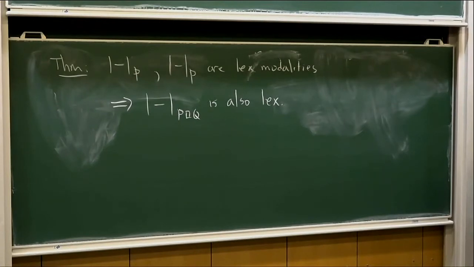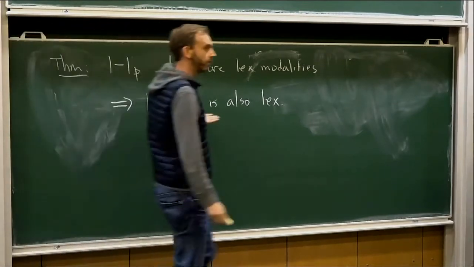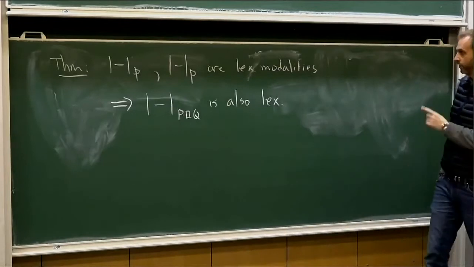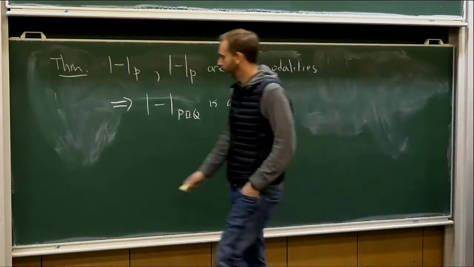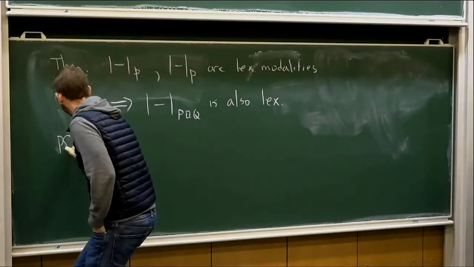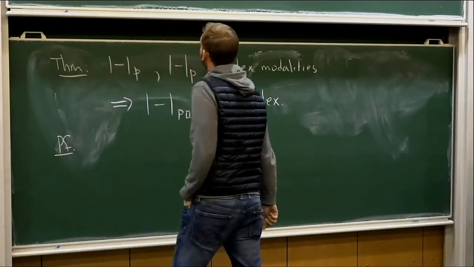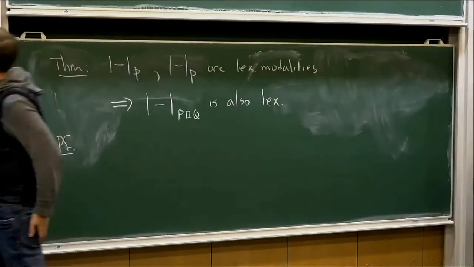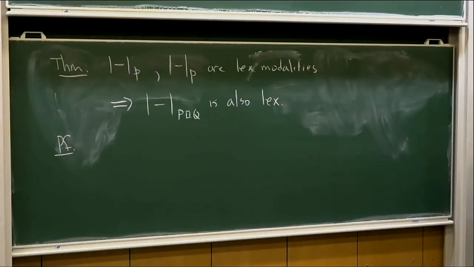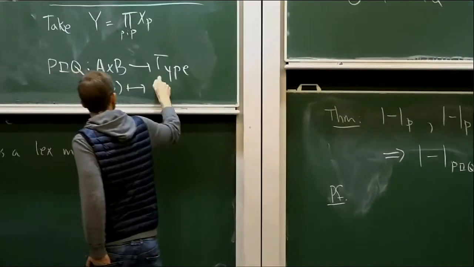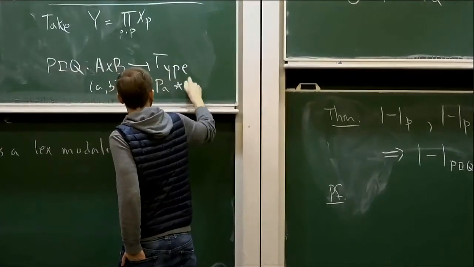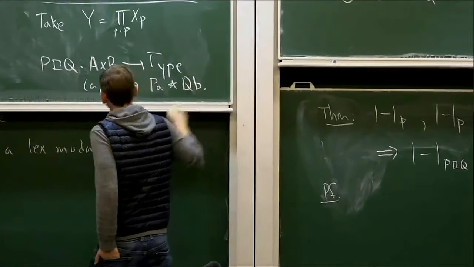So the Lex modalities are closed under the operation of taking pointwise joins. Let's try to prove this. Let me just recall over here. P box Q was the type family sending A and B to P of A join Q of B.